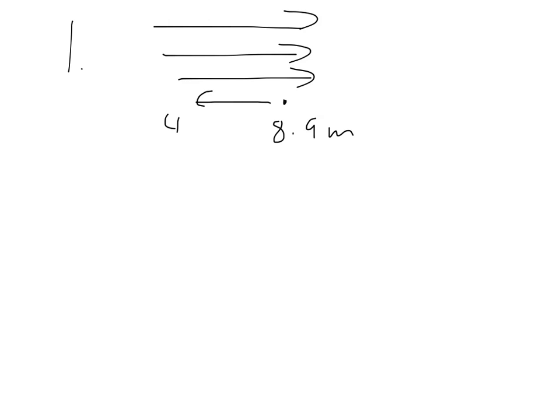So our electric field is pointing to the right along the positive x-axis, and we're moving from 8.9 meters to 4.9 meters. So what we have here, we have our electric field equals 540 newtons per coulomb.